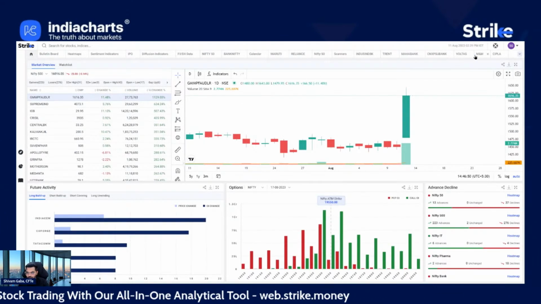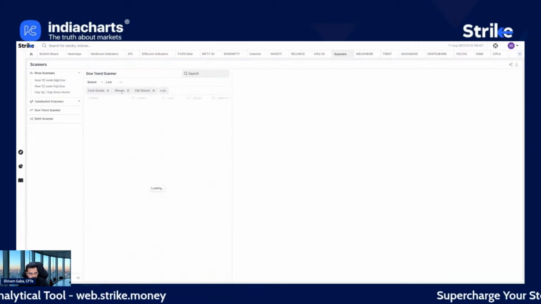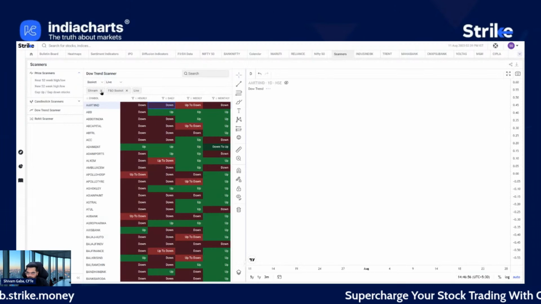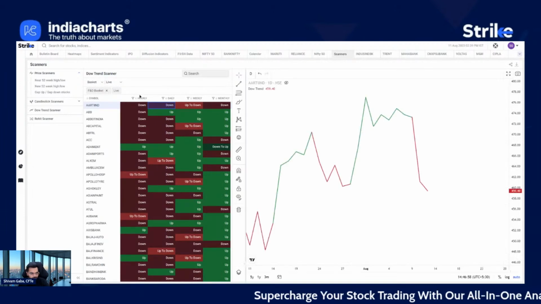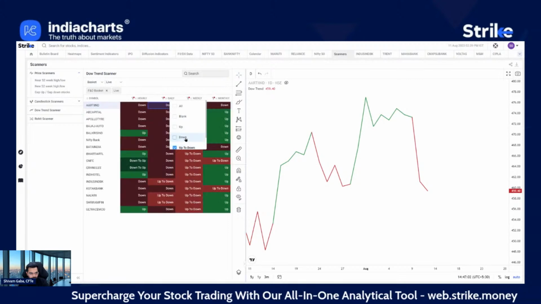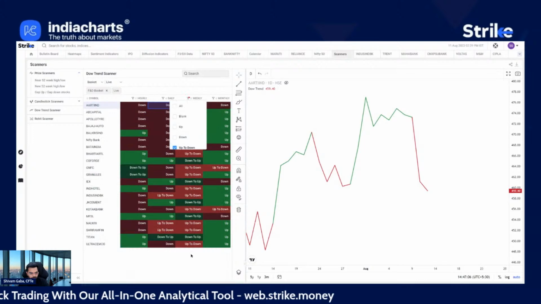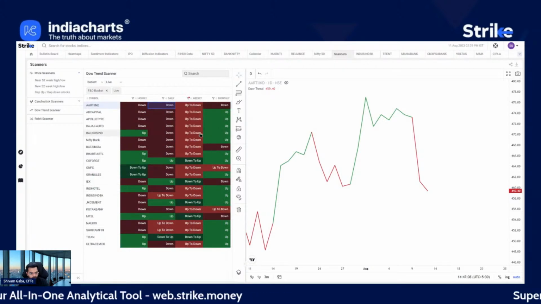Right. So I think we forgot to look at the weekly Dow trend signals. Yeah, on the Dow as well, most of the signals are up to down.